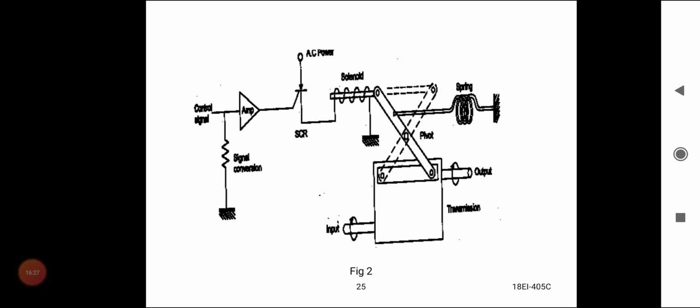The voltage signal is applied to the amplifier, which amplifies the weak signal and gives it to the gate of the silicon controlled rectifier, SCR. So when the gate is on, AC power is transmitted to the coil of the solenoid.